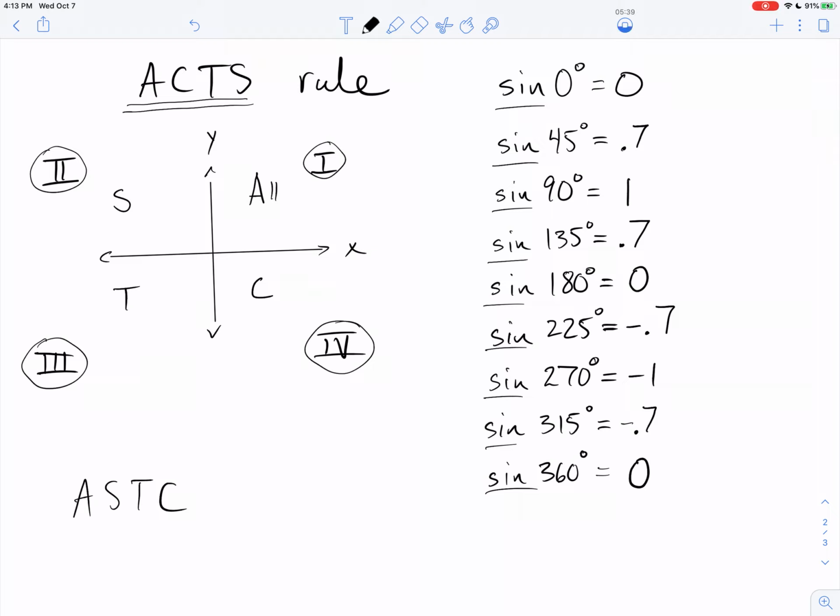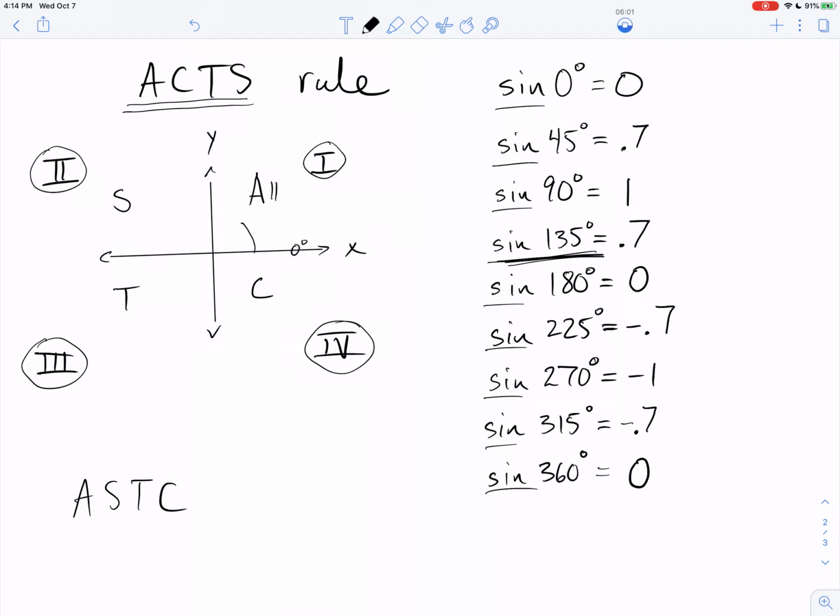But what it tells me, and this is why I picked on sine, is this: if I go into quadrant 2, right here, this is an angle that would be in quadrant 2. If I drew a 135-degree angle, well, I start here at 0 degrees always. There's my 45.